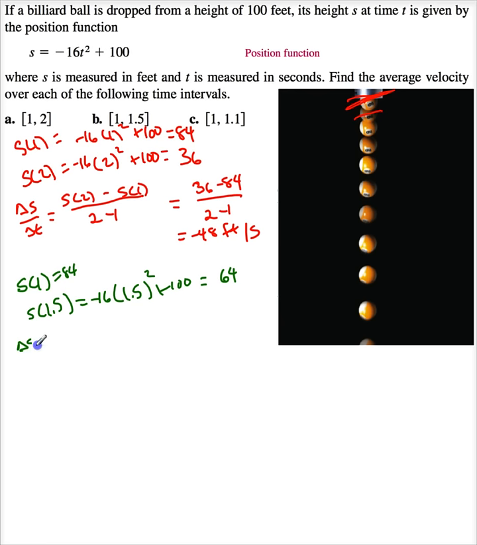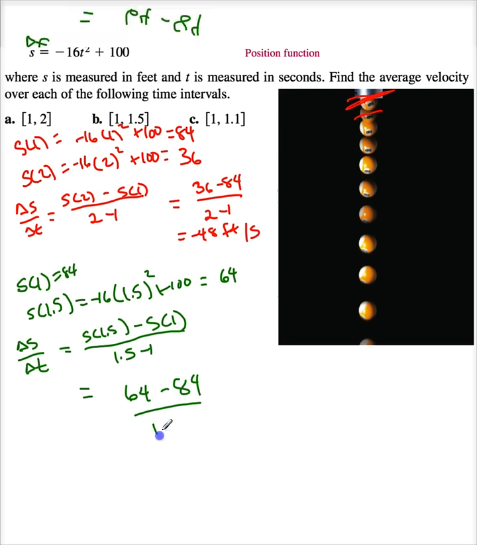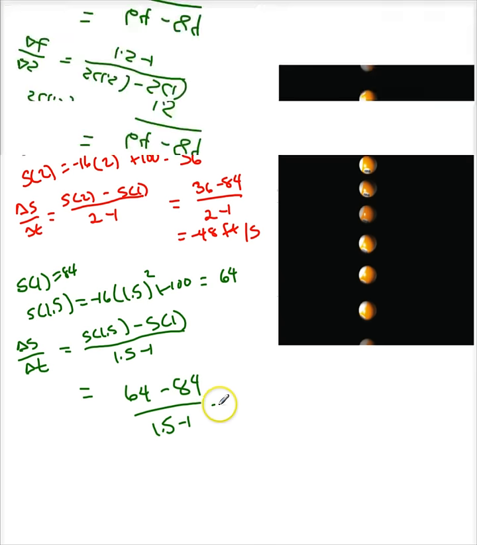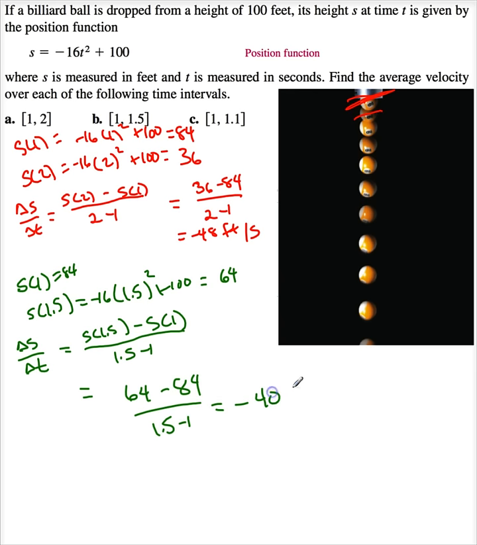So delta S divided by delta T is equal to S at 1.5 minus S at 1 divided by 1.5 minus 1. So plugging this in, you get 64 minus 84 divided by 1.5 minus 1, where you get minus 40 feet per second.